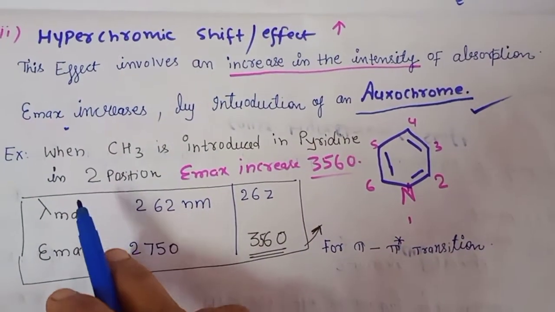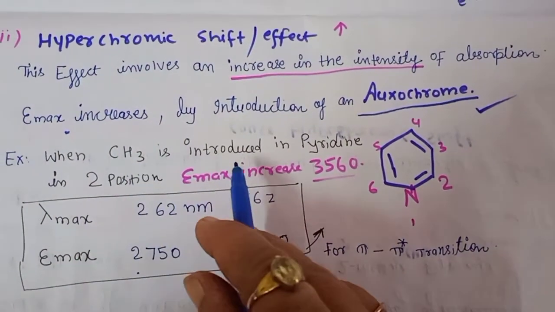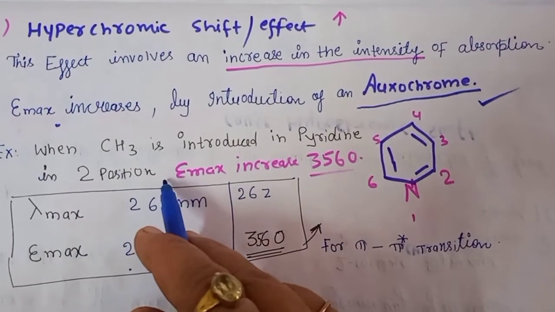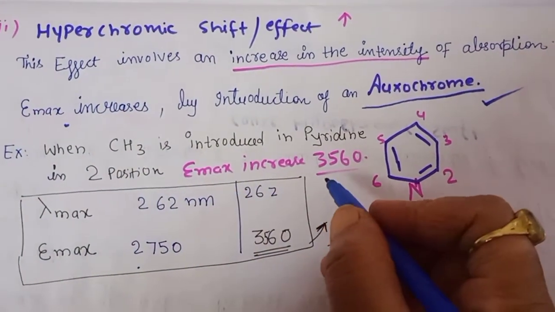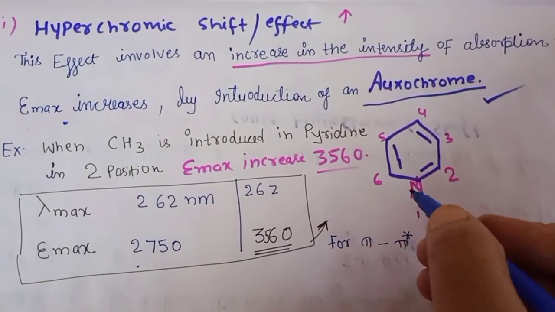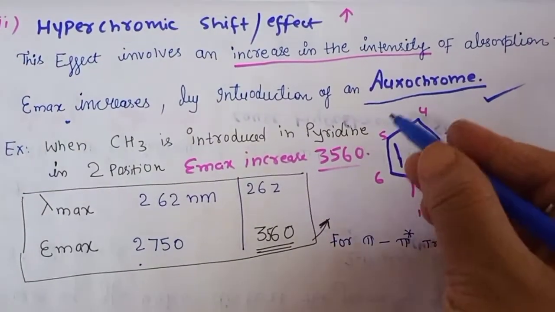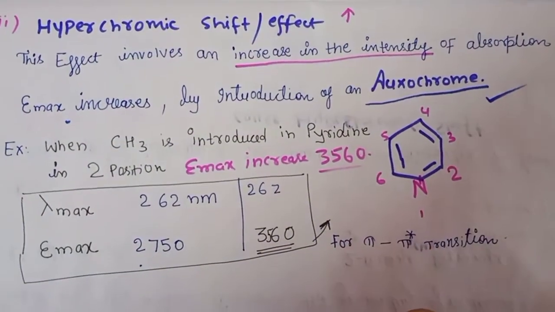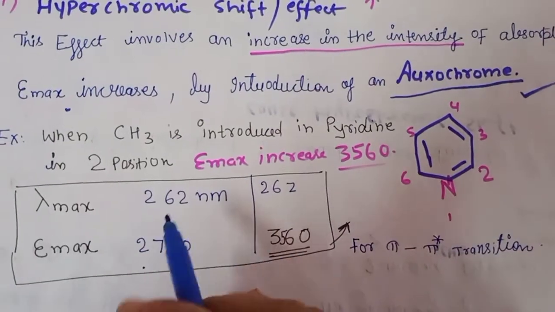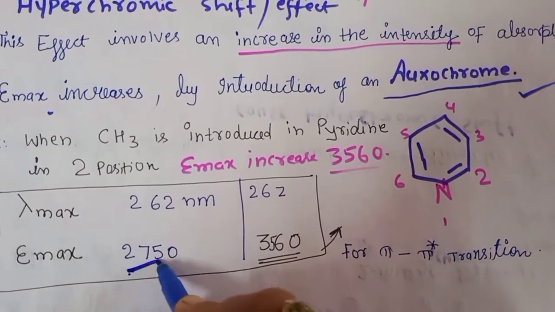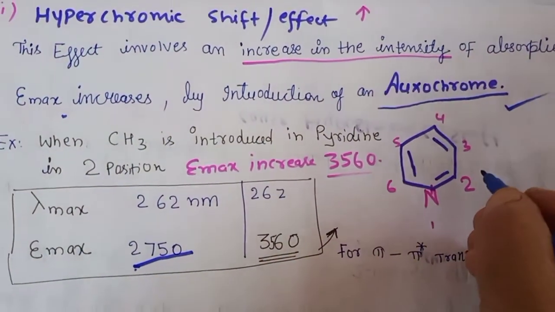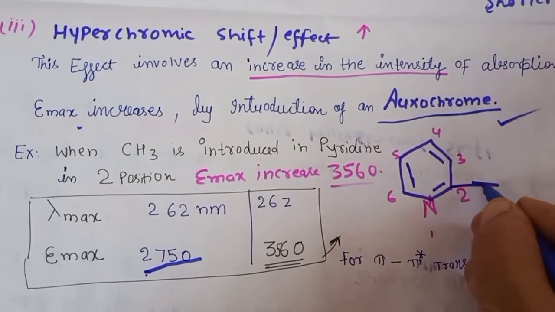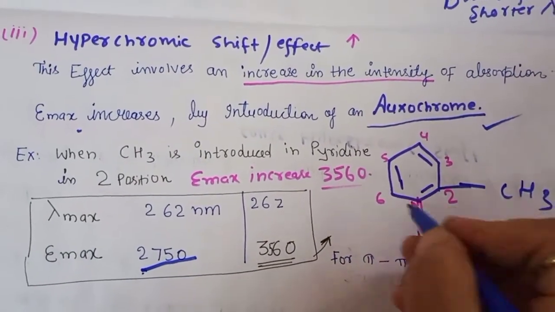So here when the CH3 is introduced in the pyridine in the second position, the value increases to 3560. Means if we see this pyridine, for the pyridine the value is only 2750. But if we introduce a CH3 group at the second position, the value will increase to 3560.